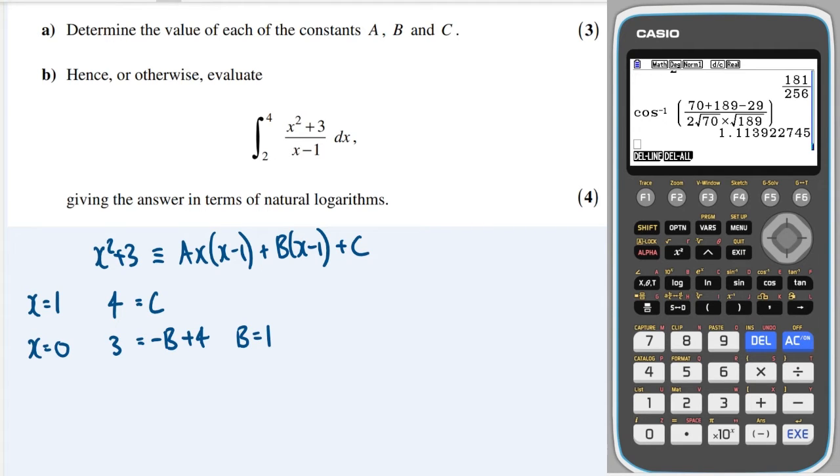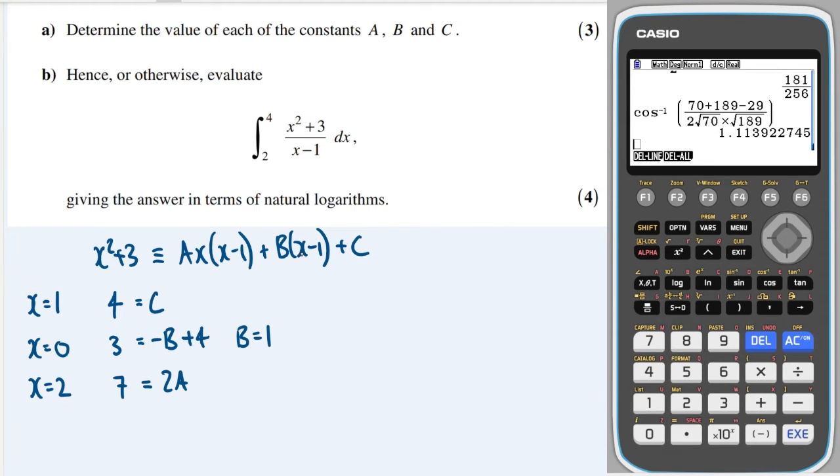And then finally I would just sub in any other number. So let's just go x equal to 2. This will give me 4 plus 3, which is 7. And then we'll get 2a times 1, so that's just 2a.